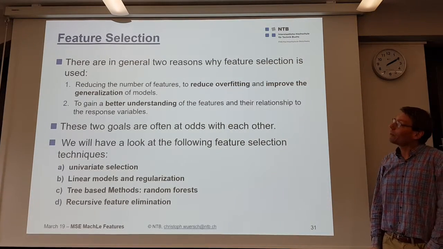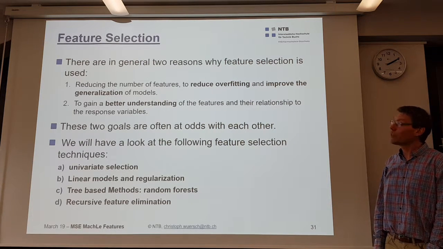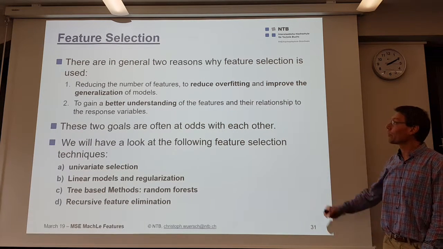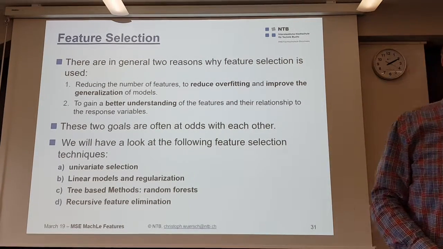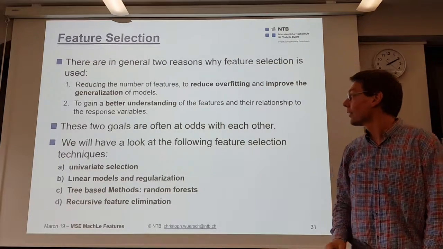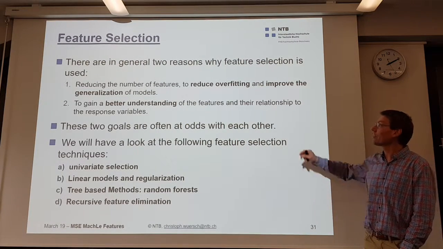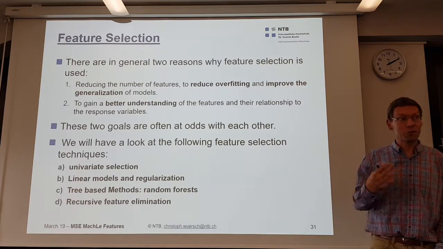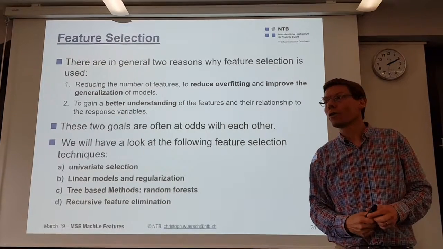Good. How can we now select the most relevant features? Why do we do it at all? We want to reduce overfitting, so we just take the relevant features for our task. For this we get better generalization, and we also get what is called a kind of inference, for ourselves, of the importance of these features.